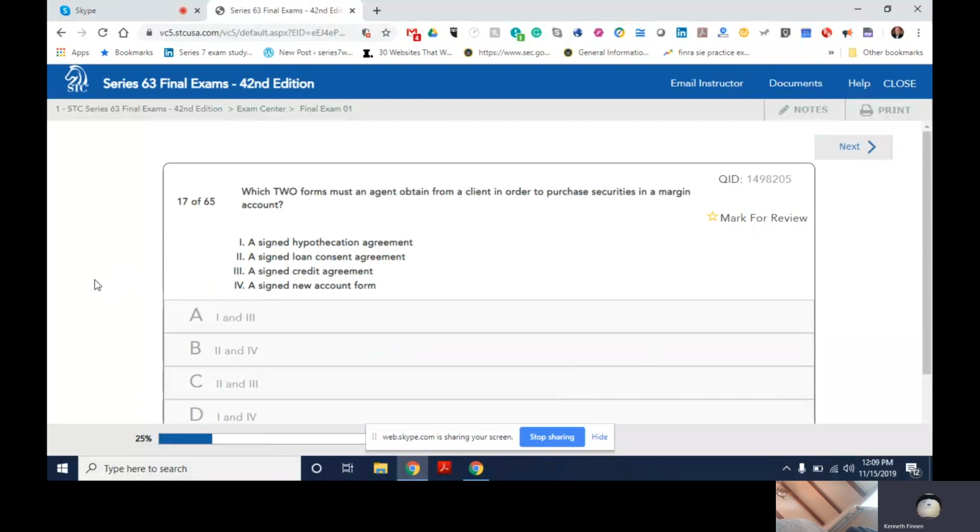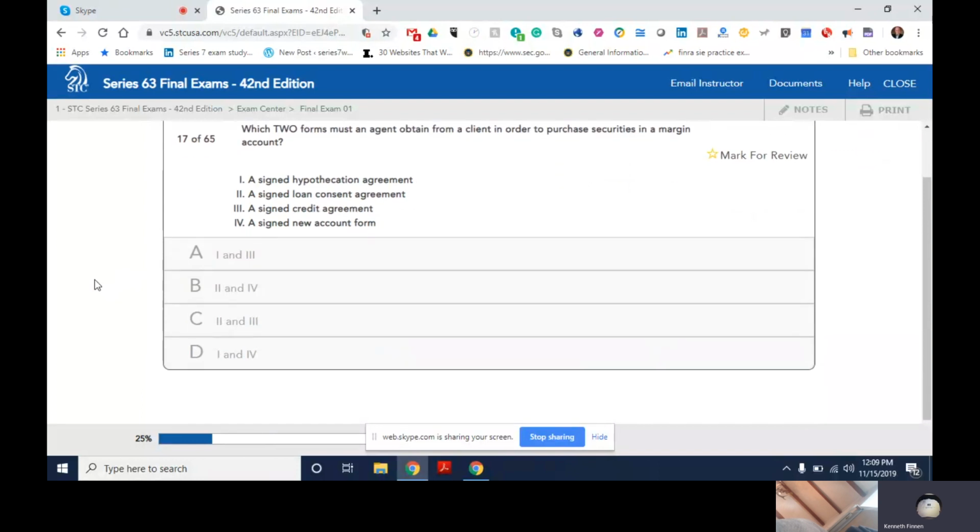Which 2 forms must an agent obtain from a client in order to purchase securities in a margin account? Well, I need a hypothecation agreement. If you remember from the 6 or the SIE, hypothecation is saying I'm going to use the shares I buy as collateral for the loans. I'm going to say 1 is a definite. Loan consent is optional. That's allowing your shares to be lent out to short sellers.